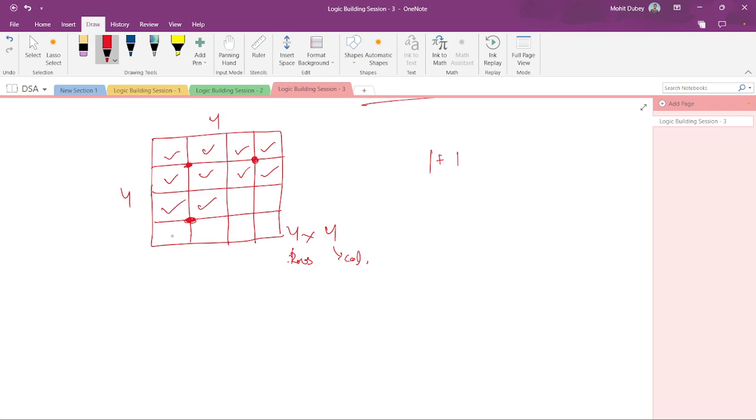So this one, this one, this one, this one covered. So plus 1. Now I'm left with these ones. So I will drop it here, and this one, this one, this one, this one. So plus 1. So total of 4 supplies I'll be needing in a 4 cross 4 grid.